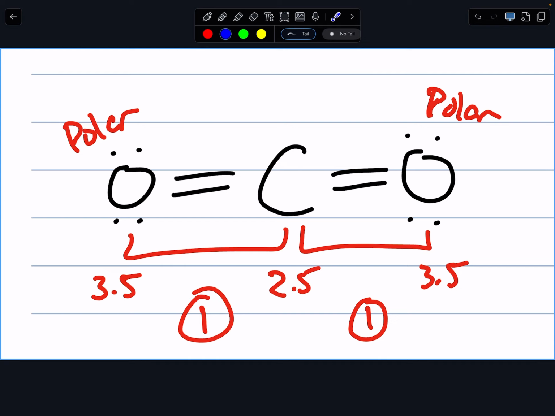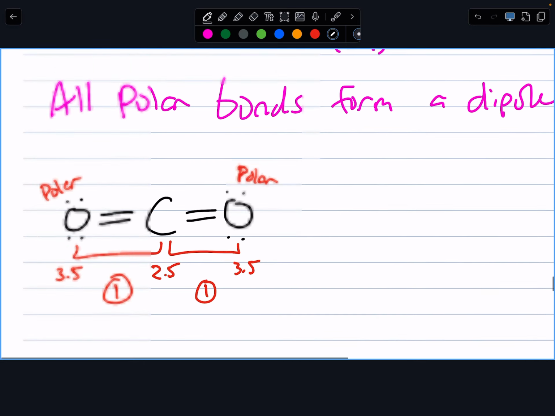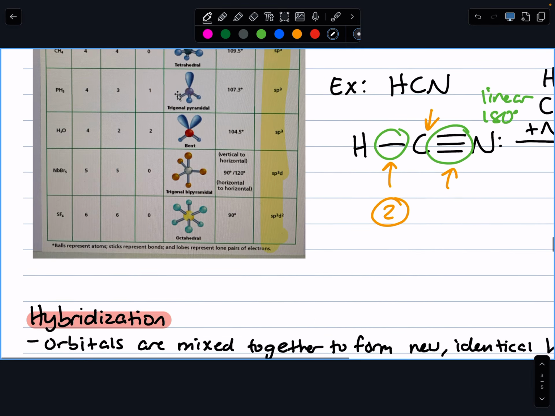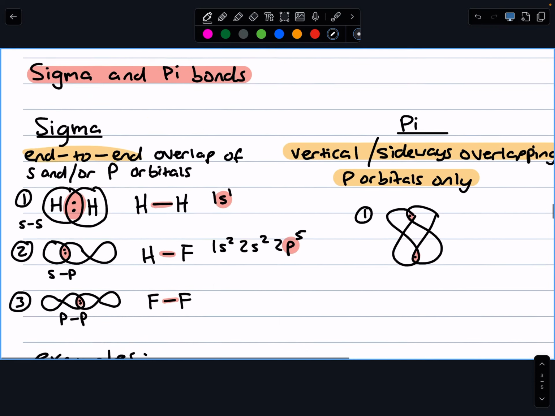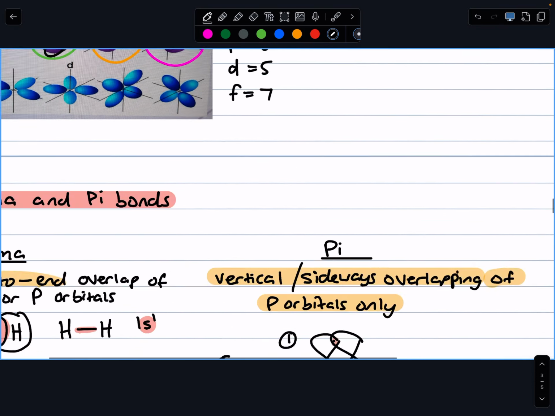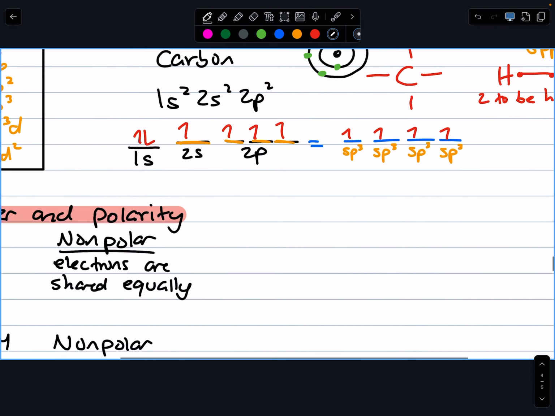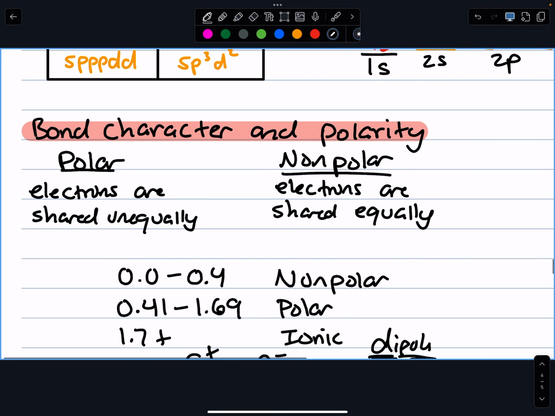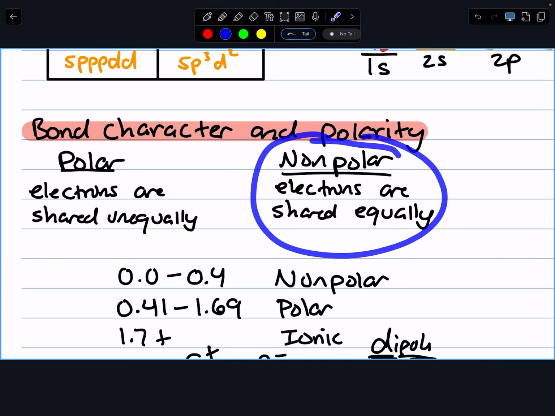But let's say I were to add some random element on top, like hydrogen. Why would it be non-polar if you're not moving? No, the moving thing is hypothetical. They don't actually move. But exactly, it's shared equally. Nothing is shared unequally. So non-polar is when they're shared equally.